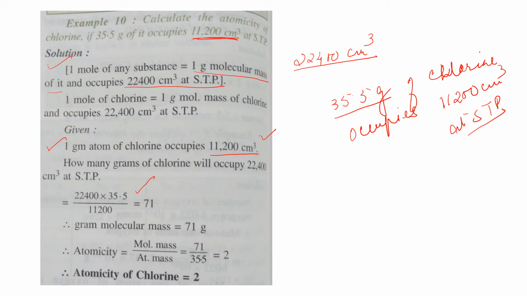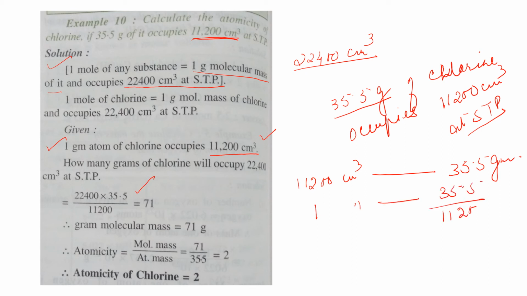Okay, so now what you will do? 11,200 centimeter cube is occupied by 35.5 gram of chlorine. So 1 centimeter cube will be occupied by 35.5 divided by 11200 gram.